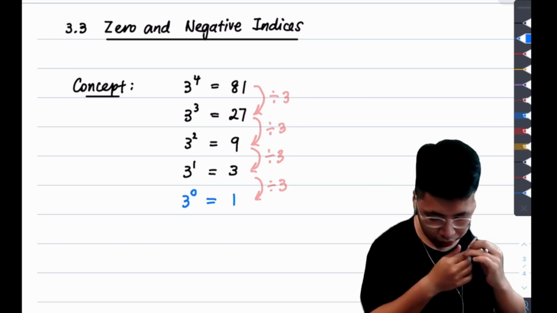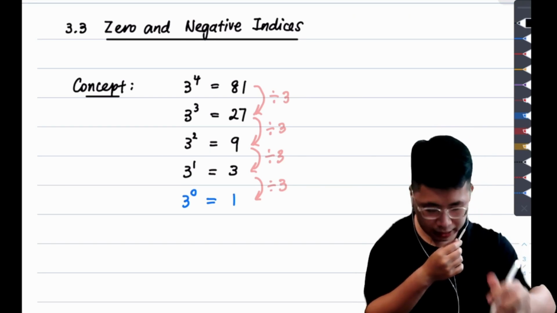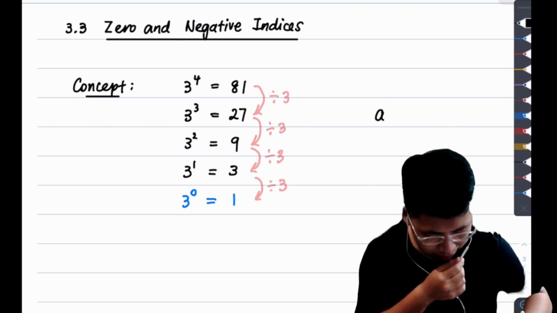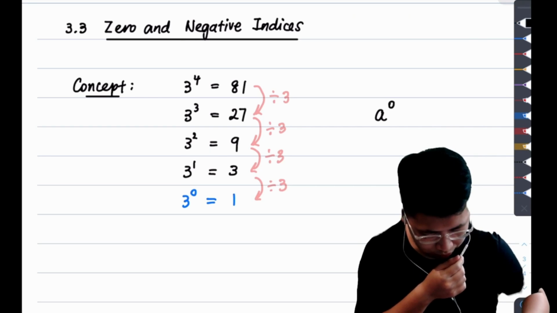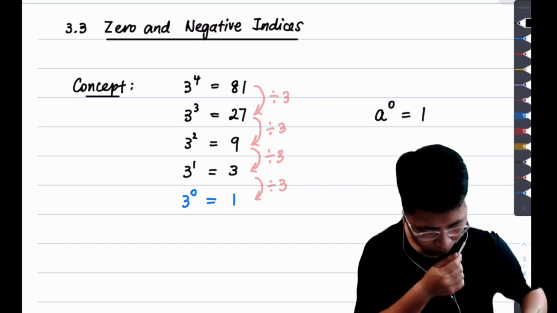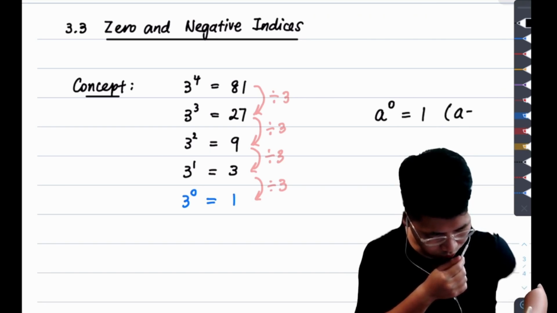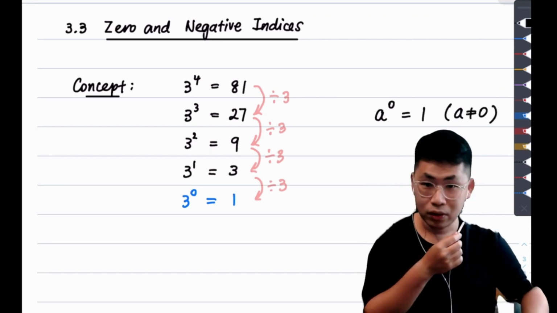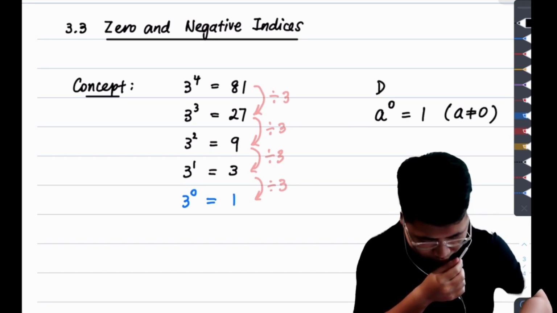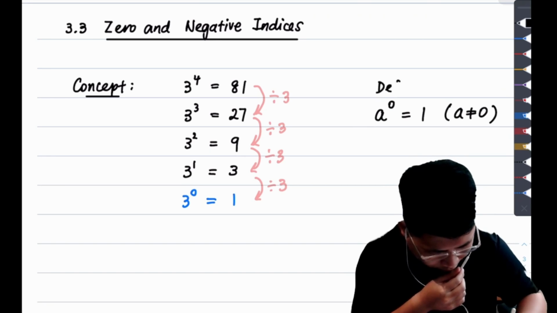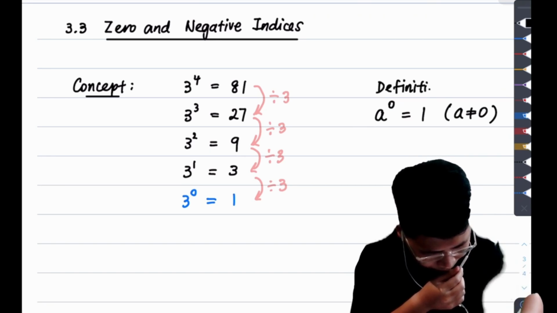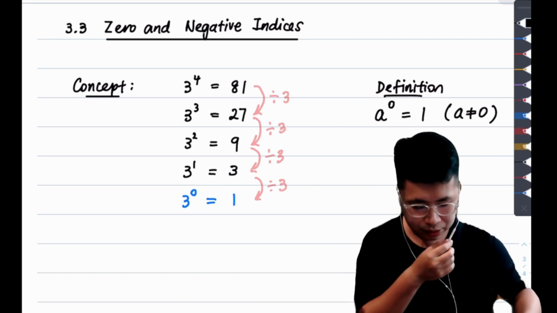So this is our first result over here. Let me state this above my head: any number to the power of 0 is equal to 1, with the exception of 0. So this would be our definition of a zero index.